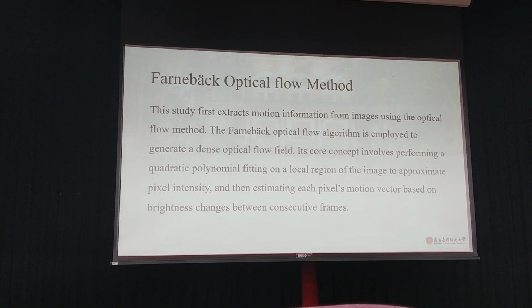This study first applies the Farneback optical flow method to analyze motion information in the image and generate a dense optical flow field. The core approach involves performing a progressive polynomial fitting on local image regions to estimate pixel intensity and infer each pixel's motion vector based on consecutive frames.